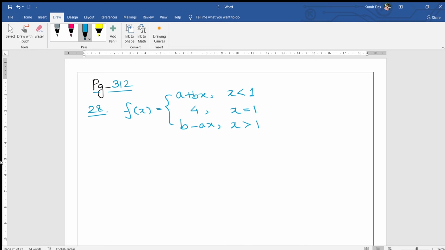Now we are given these things. Given is the limit as x tends to 1 of f(x). Okay, so when the limit as x tends to 1, f(x) equals f(1). f(1) means this value, 4. Okay, this thing is given.